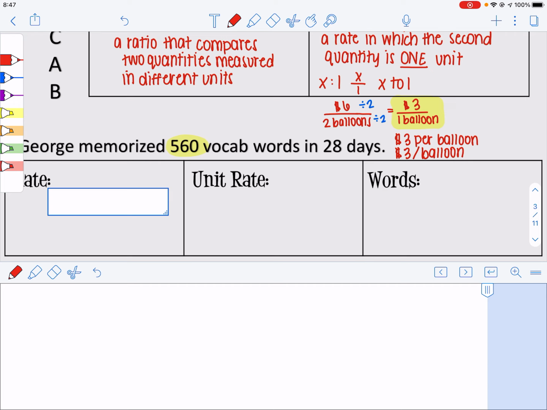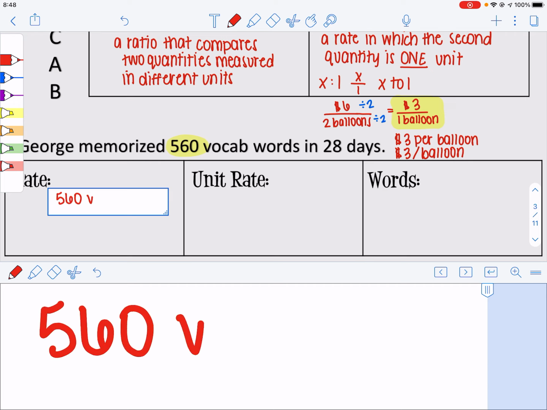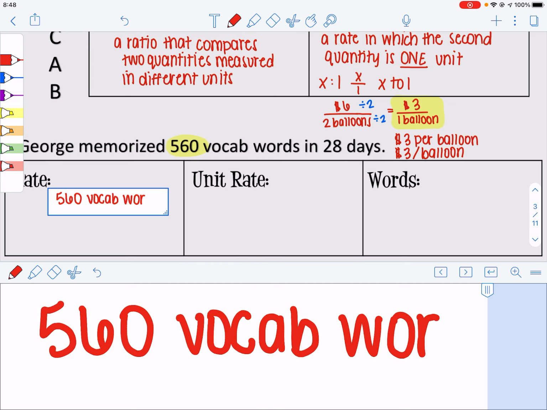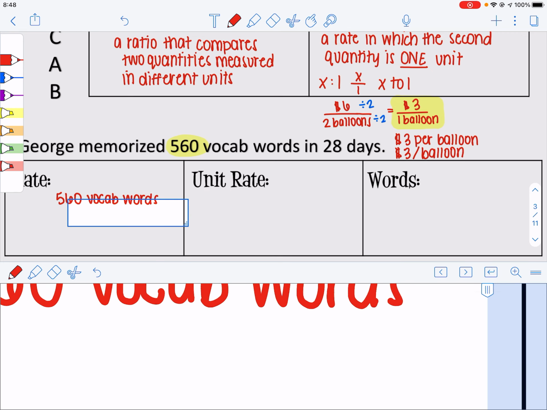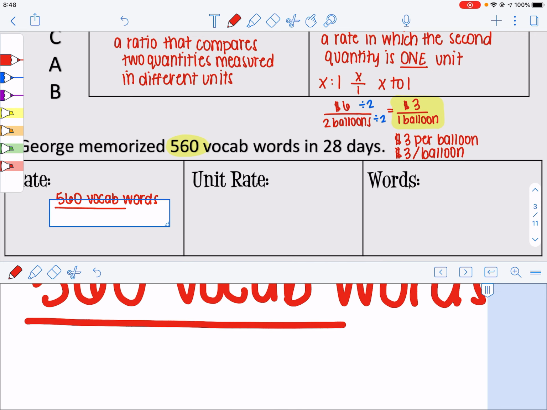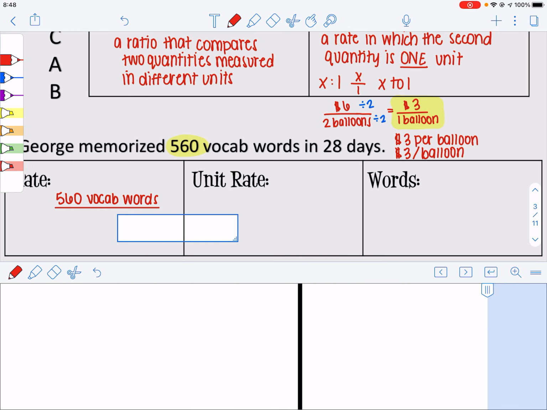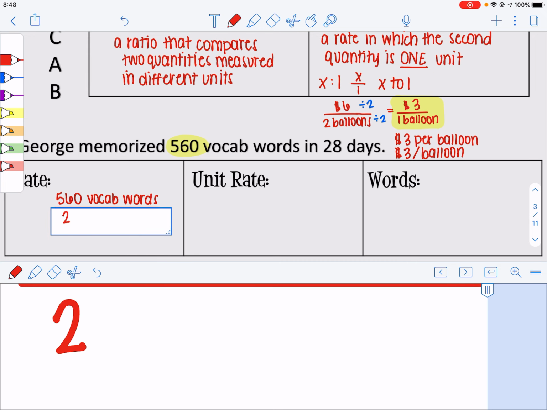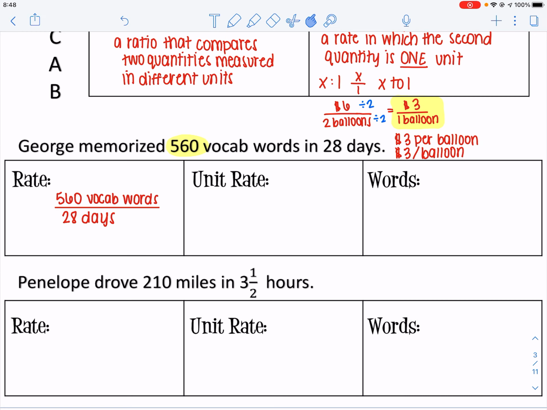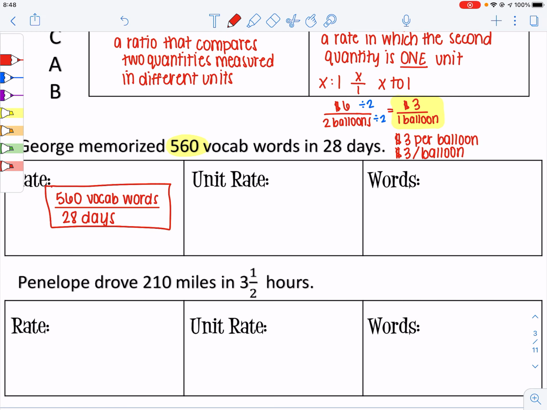Okay, so when we write this as a fraction, we have 560 vocab words over, that's the first thing we're talking about, over 28 days. Okay, so if I want this as a rate, here's my rate, 560 vocab words over 28 days.